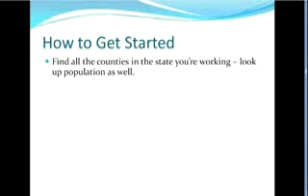I've got my little time frame where I know I can charge about whatever I want to collect within reason, maybe up to 40, even up to 50%. There's a lot of work for it. So, let's find all the counties that are in that state, and let's get a population for them too, and I'll show you that in just a second.